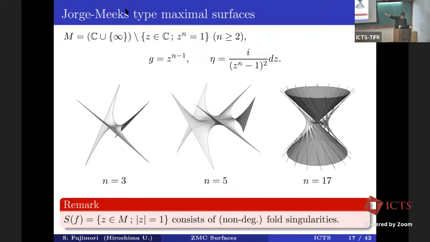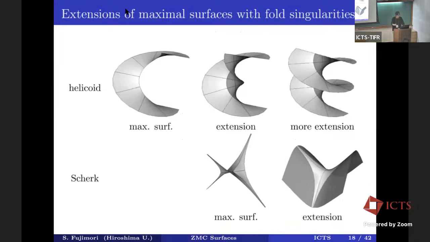Okay, so in this case, this surface also has singularities. Now we consider the four singularities. The easiest example is the helicoid, the maximal helicoid.